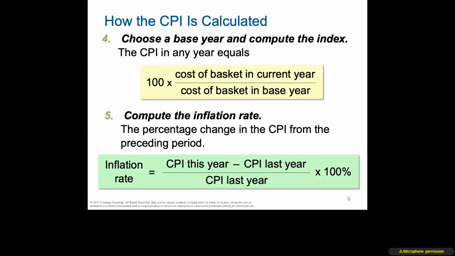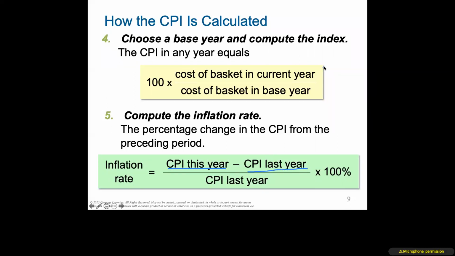To compute the inflation rate, number 5, we need to see the percent change in the CPI from the preceding year. Remember, inflation rate is a trend, so it has to be compared to something. So we take the CPI in this year, and we subtract it from the CPI from last year.